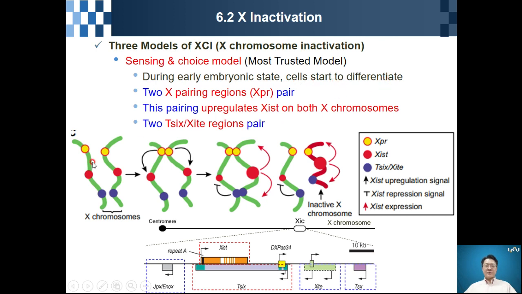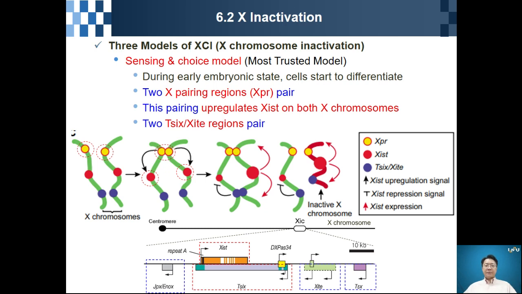At that time, the two X pairing regions, XPR, pair with each other. This pairing upregulates Xist on both X chromosomes.